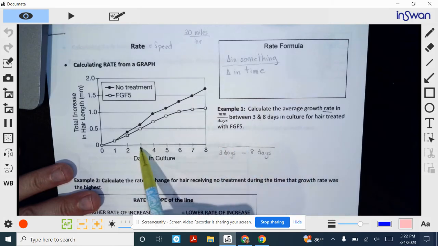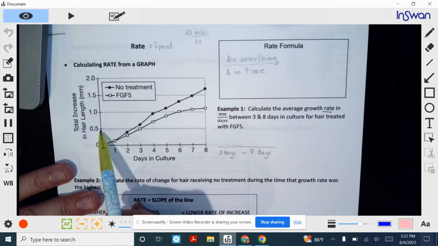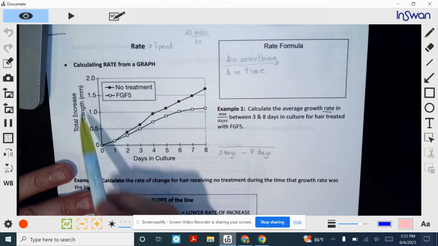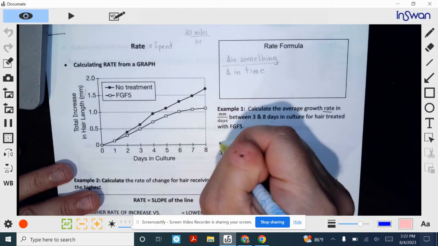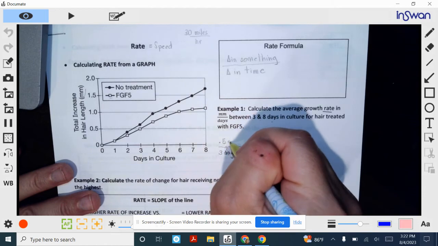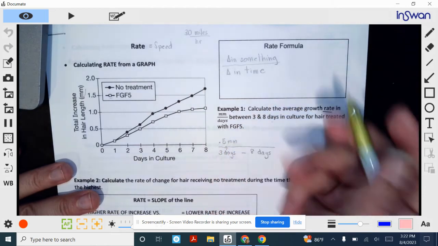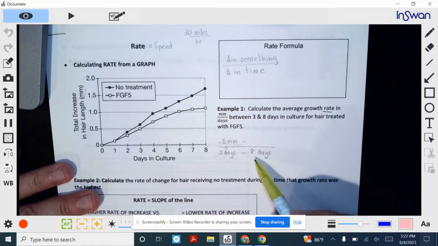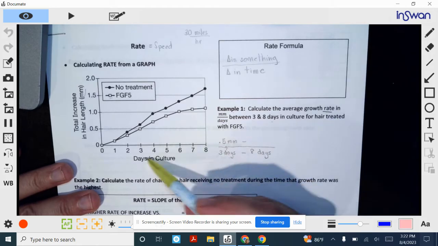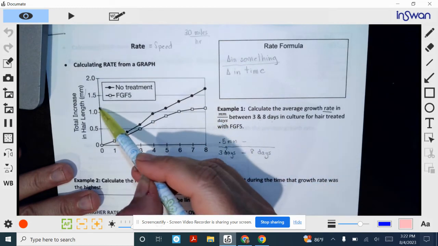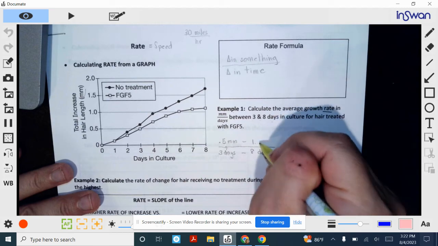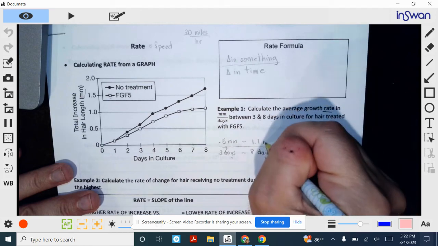So at day 3, when this chemical is being used, it looks like the hair length is 0.5 millimeters. This is important. So right above 3, from reading the graph, I see it's 0.5 millimeters is the length of the hair. And now we got to figure out that same data, but for 8 days. So come over here for 8 days, go up to this data point that goes with the FGF5 treatment, come over here, and that would be 1.1 millimeters.